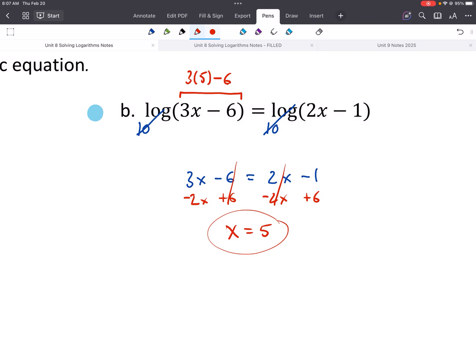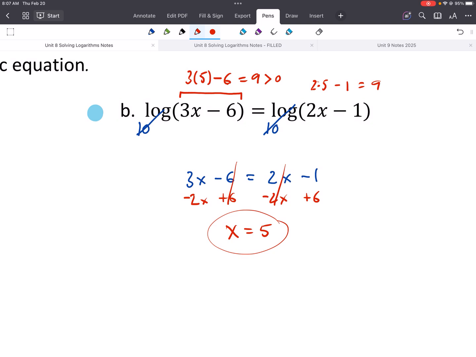So here, I think we'd end up getting 15 minus 6 would be 9. So 9 is greater than 0, so we're good to go. And if we plugged it into here, we'd get 2 times 5 minus 1, still gives us 9, which it kind of has to be since these two are equations equal to each other, sorry.